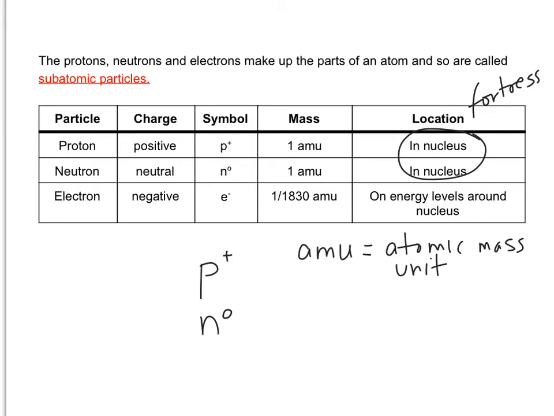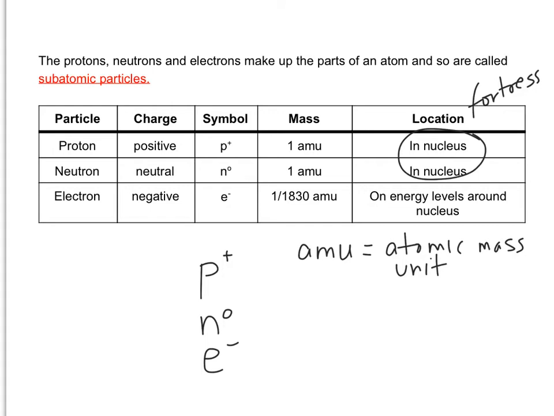The electrons are in energy rings or levels around the nucleus. So an electron is negatively charged. So we write an E with a superscript with a negative. And the mass is 1 over 1830 atomic mass units.